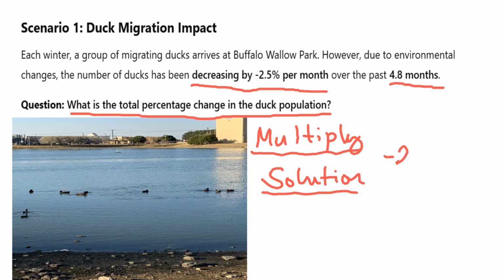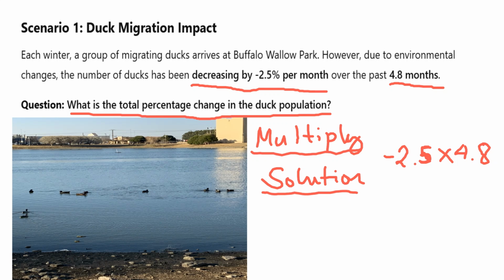negative 2.5. Let's fix that writing. So we're going to multiply negative 2.5 by 4.8.